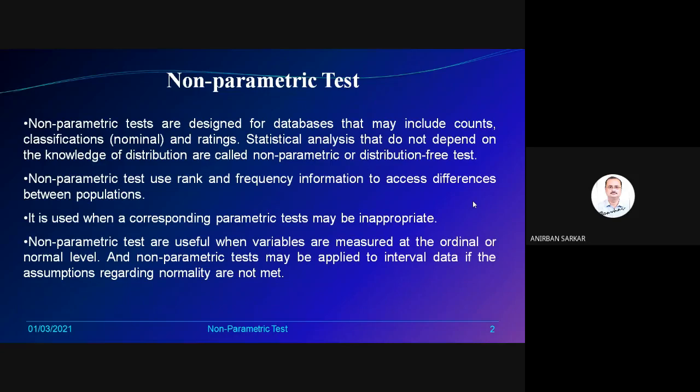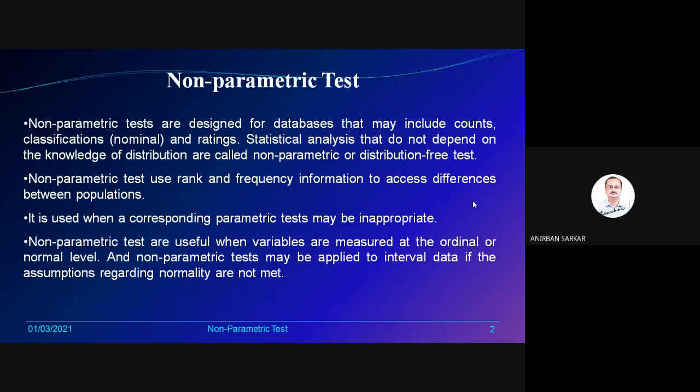If those assumptions hold true, then you can apply parametric tests. If those assumptions are violated, then you can no longer apply parametric tests, but you have to apply non-parametric tests. If you forcefully apply parametric tests, your result may not be meaningful, it may be inappropriate.